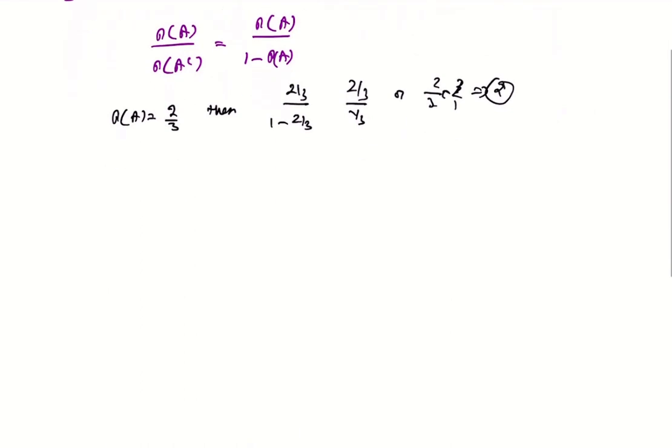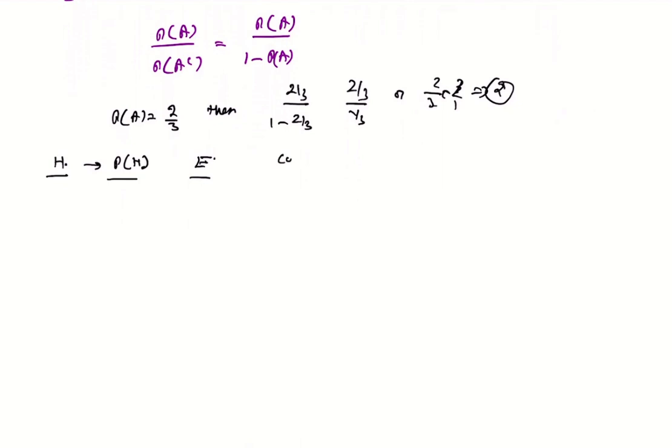So now, a hypothesis H is true with the probability P(H), and a new evidence E is introduced.